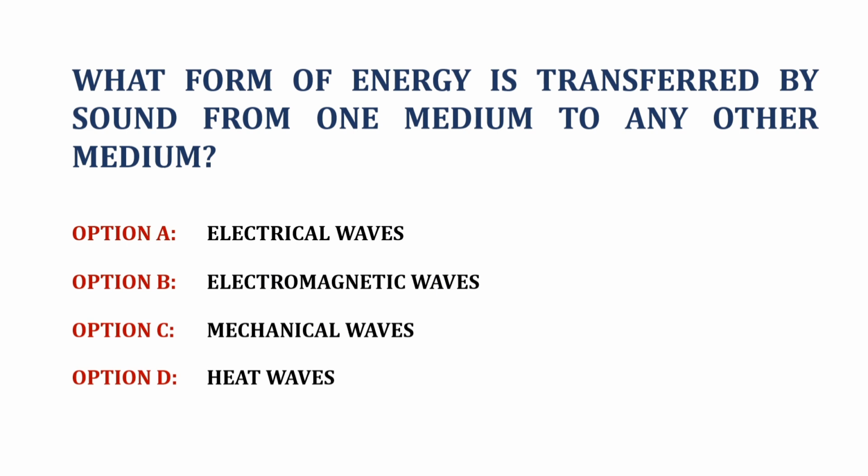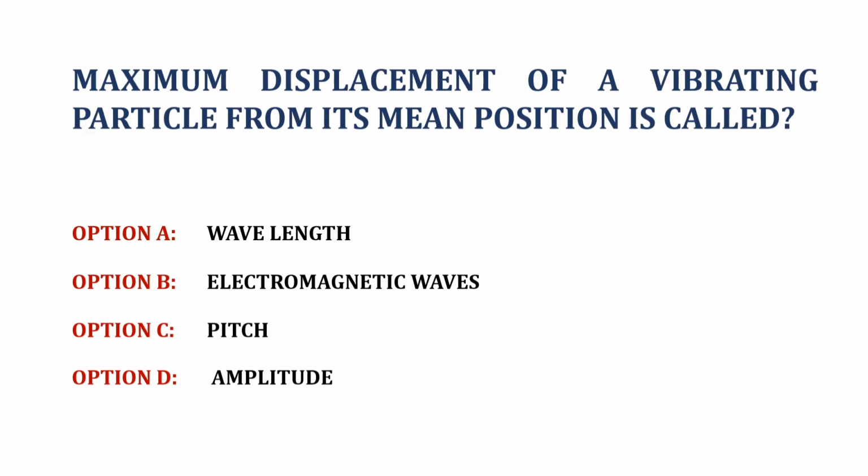What form of energy is transferred by sound from one medium to any other medium? Option C. Mechanical waves. Maximum displacement of a vibrating particles from its mean position is called. Option D. Amplitude.